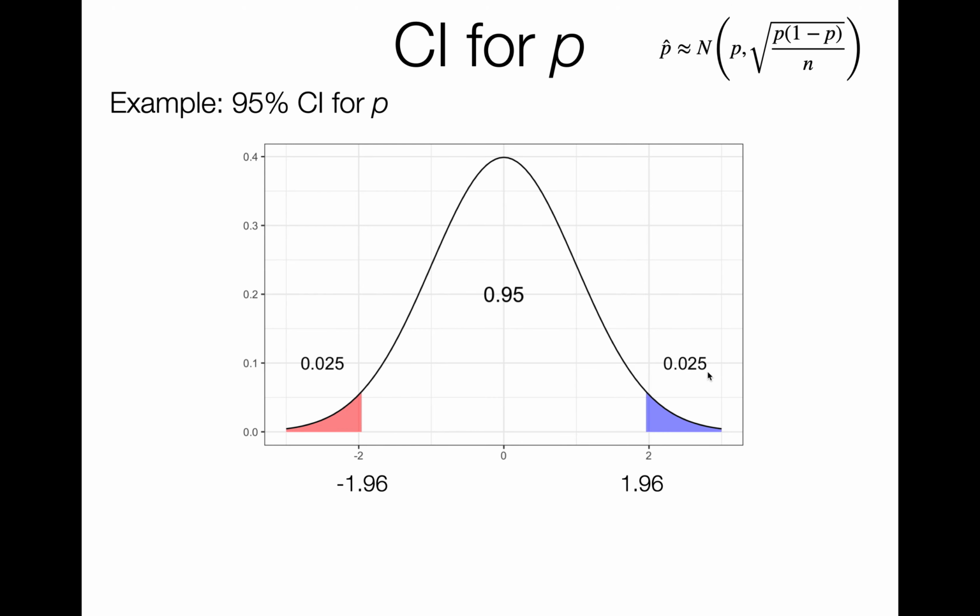Then you'd click compute, and you'd get that the number inside the probability statement should be 1.96. That's how I get this number. This number is the confidence factor that I need for a 95% confidence interval.